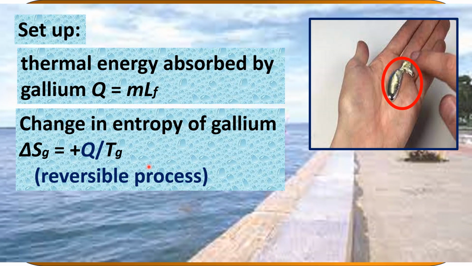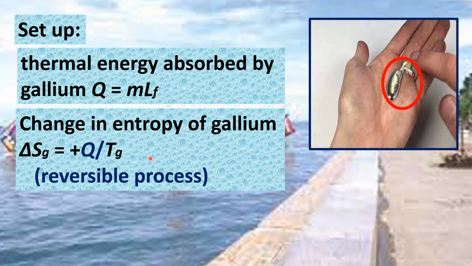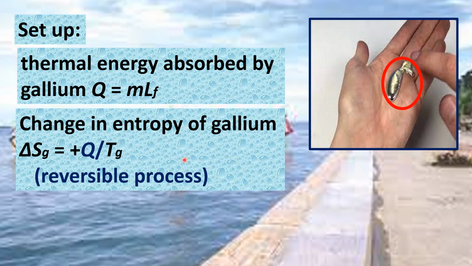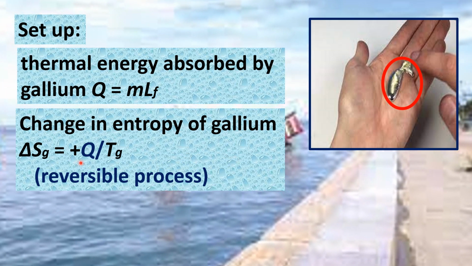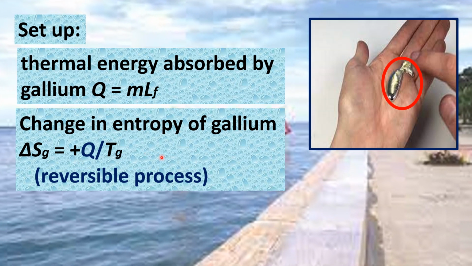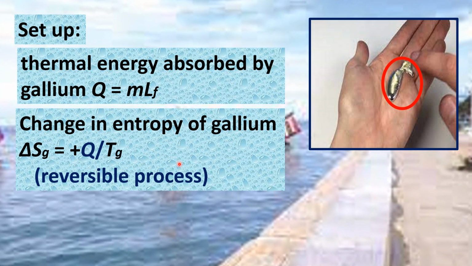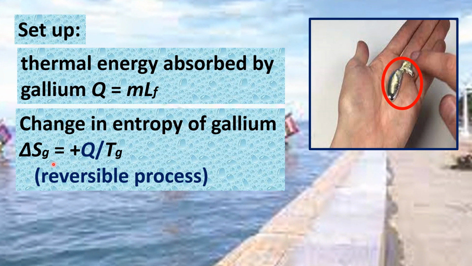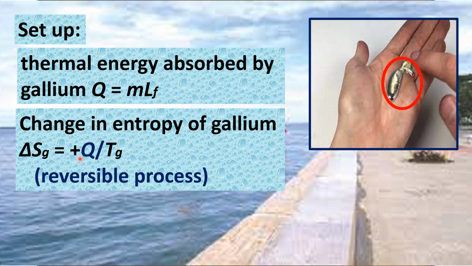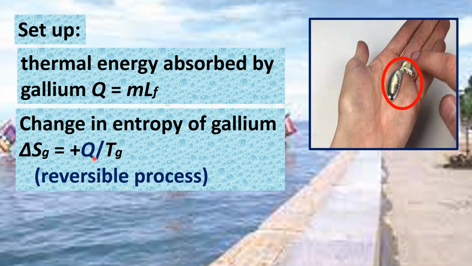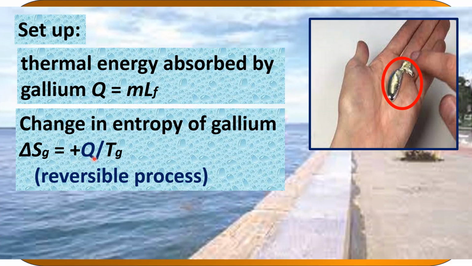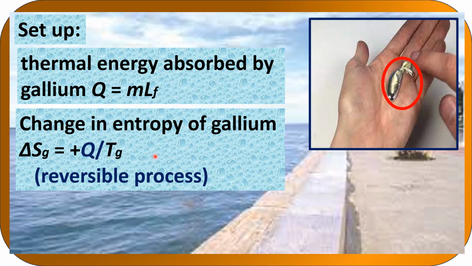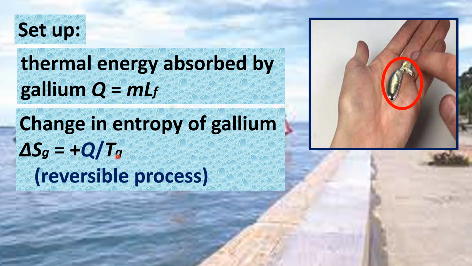In the case of gallium, since it's going to absorb the energy from the hand, the formula for determining delta S has a positive sign for Q to emphasize that the energy is being transferred to the system, which is the gallium.